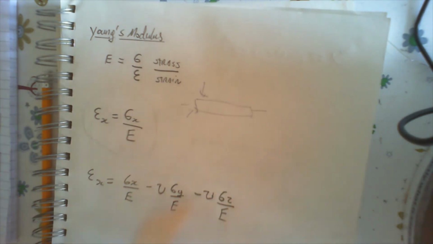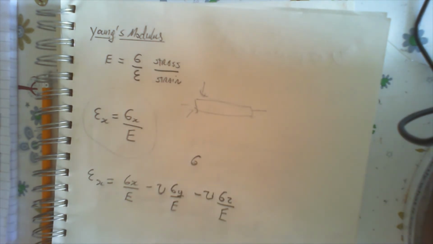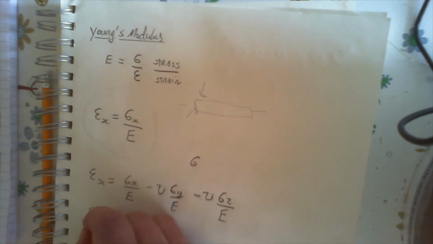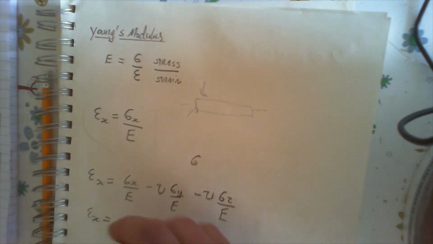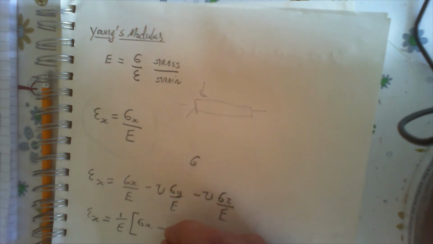Mind, they're not 6's, they're supposed to be sigma. Right, now we can fiddle about with that. So strain x is equal to 1 over Young's modulus times stress x minus, we can take the common factor out here of Poisson's ratio, so stress in y plus the stress in z.